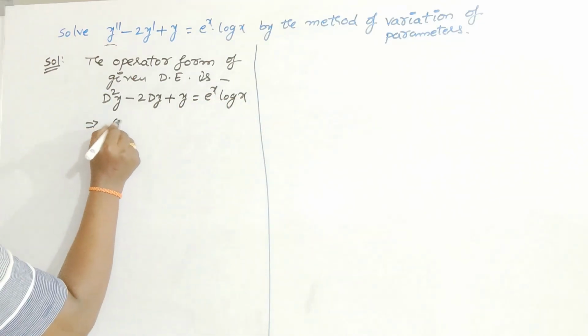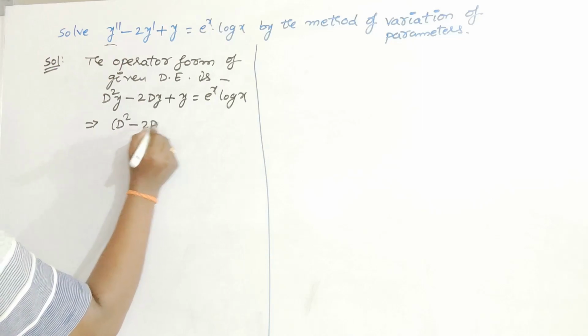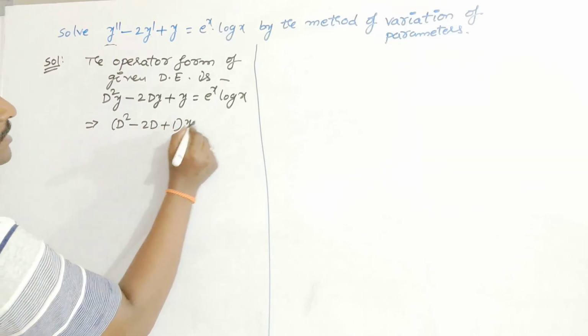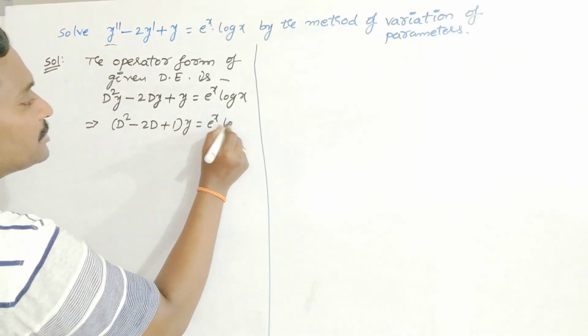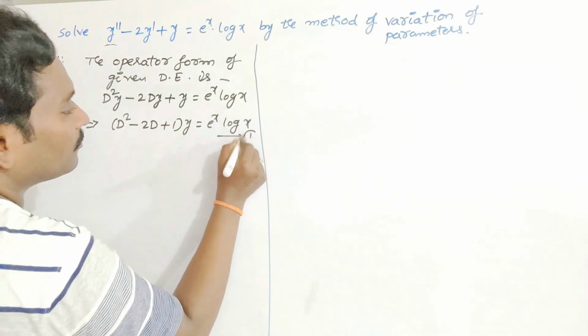This can be written as d square minus 2d plus 1 of y is equal to e power x into log x. Take it as equation number 1.